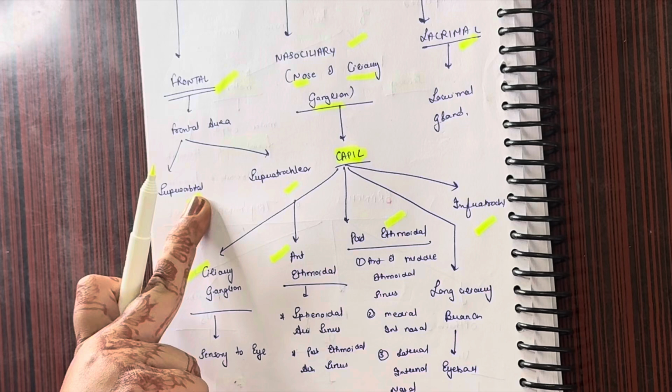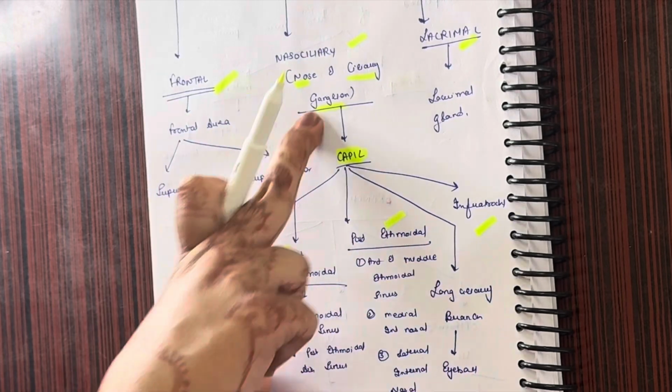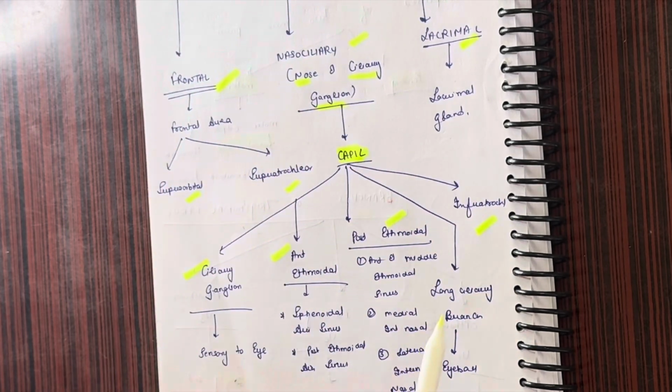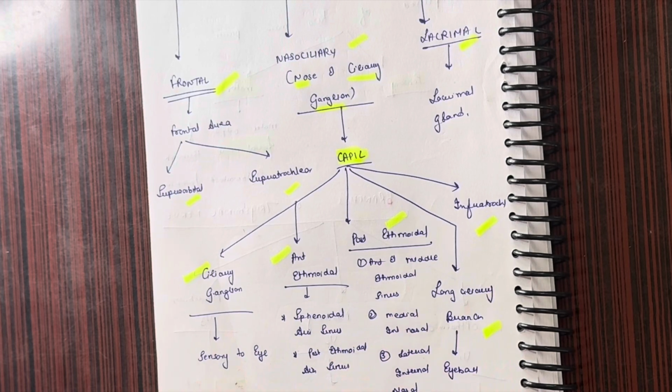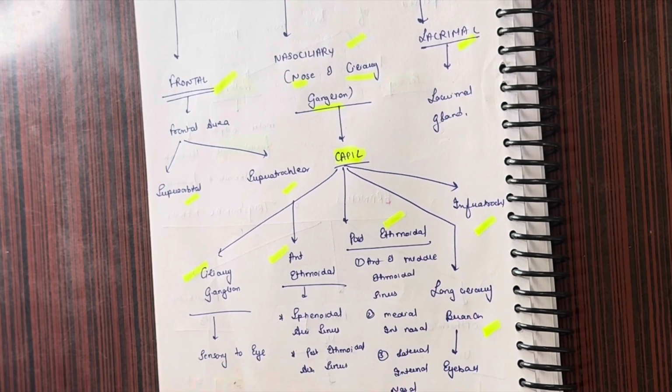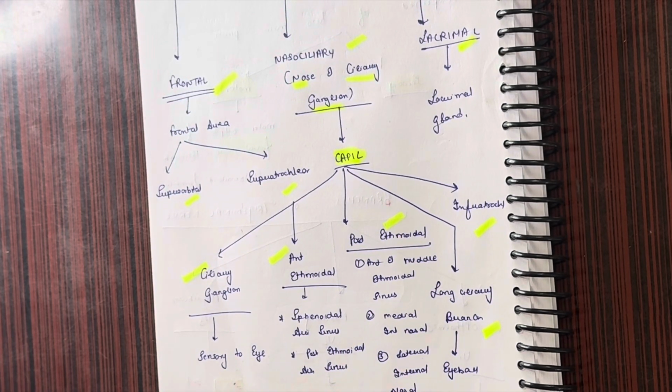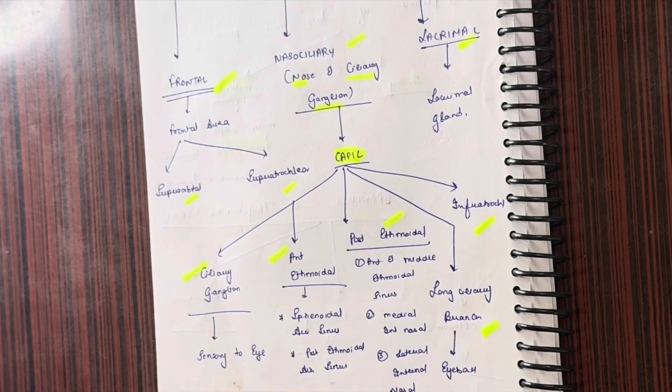Supratrochlear is a branch of the frontal, whereas infratrochlear is a branch of the nasociliary nerve, and the long ciliary branch. Basically, as I mentioned in the first slide of this video, it supplies the ciliary ganglion and the otic ganglion. So you can remember the whole nerve using those ganglions. Now, ciliary ganglion is sensory to the eye.